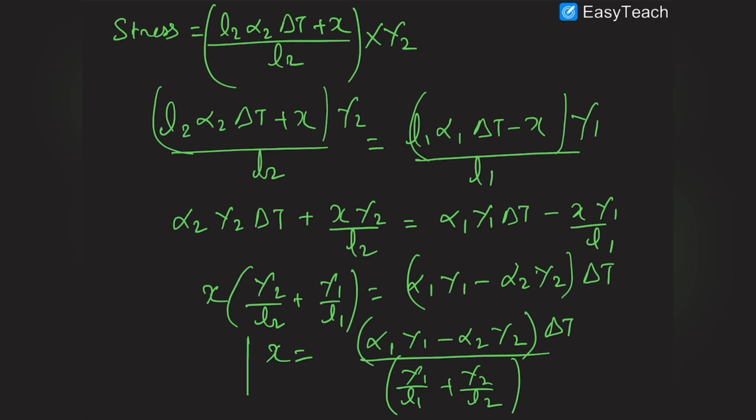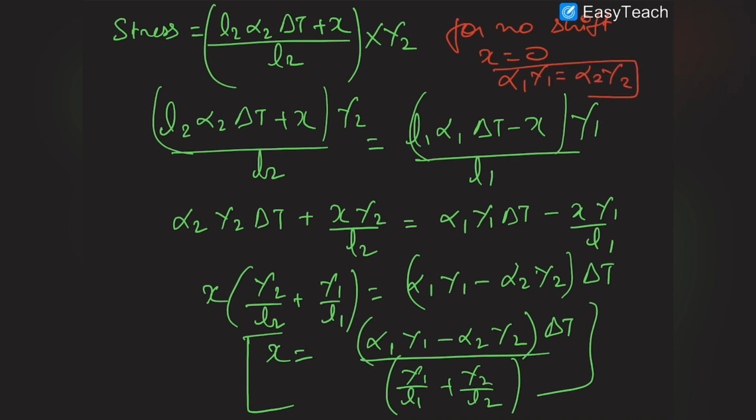So this is the shift in the junction. Now for no shift, if the shift is 0, so x will be 0, and therefore α1 γ1 will be equal to α2 γ2. So this is the condition for no shift.